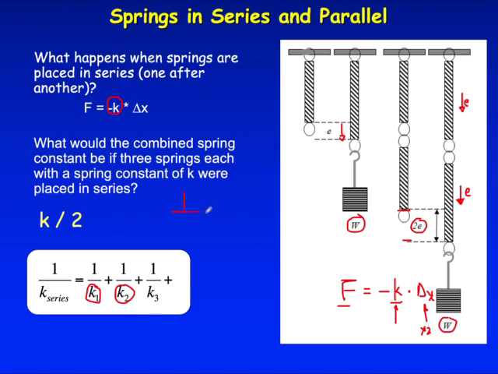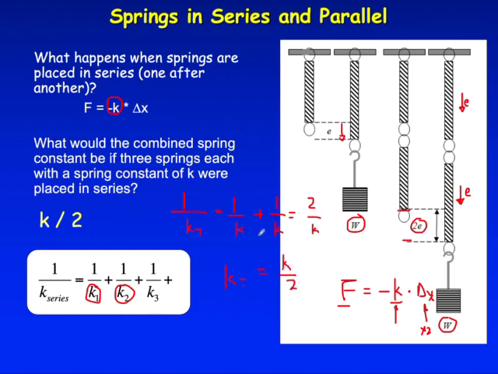We get 1 over k total, I'll just write it as k sub t, is equal to 1 over k, if one of the springs is k, plus 1 over k, where k is the spring constant of the other spring. And you can very quickly say, if you add these two together, this is going to be equal to 2 over k, which is equal to 1 over the total spring constant. So the total spring constant is the reciprocal of that, which is k over 2.